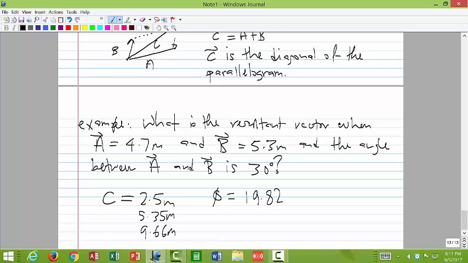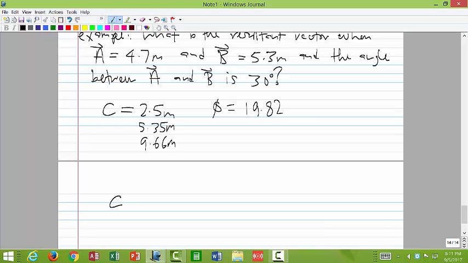Okay, so we can use the cosine rule. C is the square root of a squared plus b squared minus 2ab cosine theta.